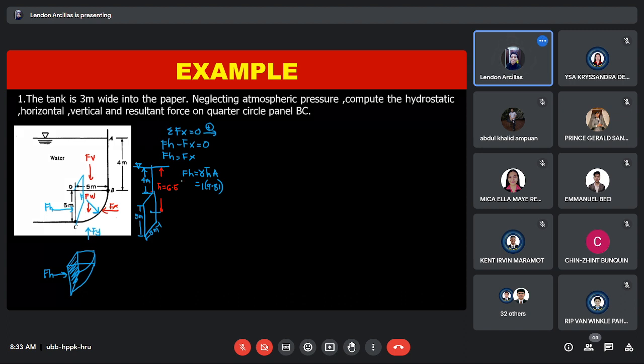Okay, that h bar is 6.5. Area is 3 times 5 since that is rectangle. F_H is equal to, or F_x, the same lang, that is 956.45 or 475 kilonewton.